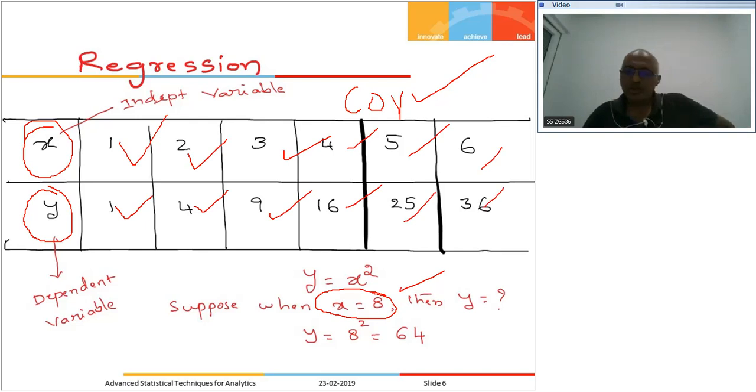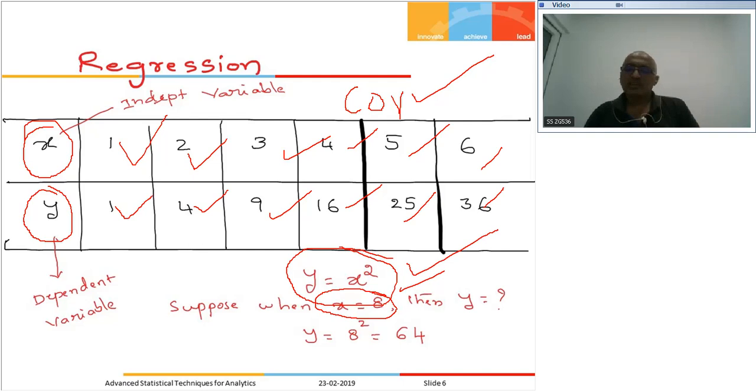If we plot also, we can see an exact pattern here. That means Y equal to X square is the one which fits this data. So we are able to establish a relation between the two variables, Y equal to X square. So this is what we call regression.